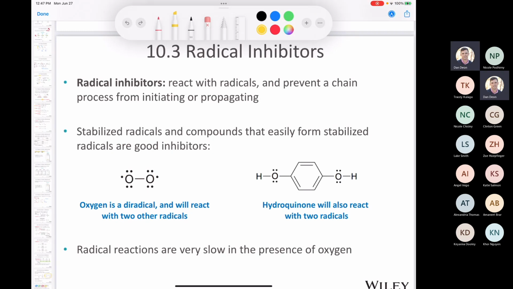And then this molecule here, which is not a bad idea to memorize, hydroquinone. I don't know if I taught you an aromatic ring with a hydroxyl on it. That's called phenol. But if you have another hydroxyl at the opposite end, that's called hydroquinone. Hydroquinone can react with 2 radicals, and I'll show you why.